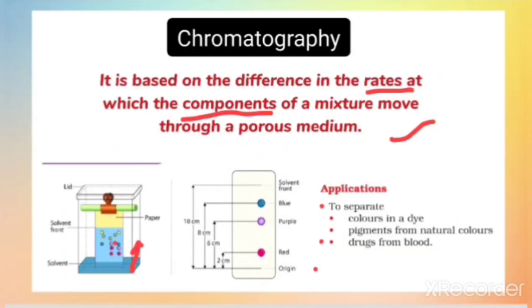That technique is called the chromatographic technique. You will learn in detail about chromatography in higher classes. This technique is used to separate colors in a dye, pigments from natural colors, and even drugs from blood can be separated by this technique.